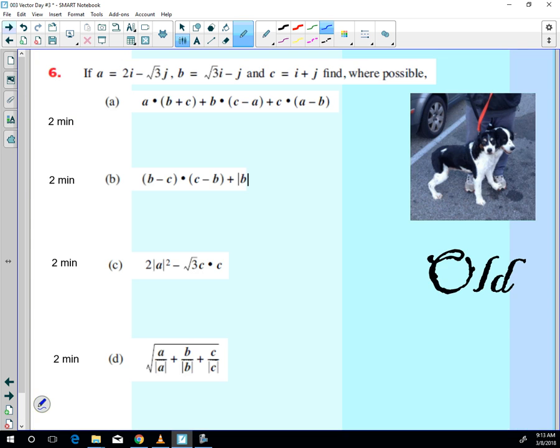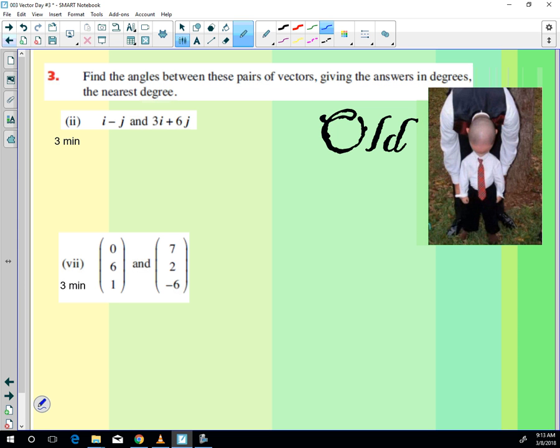All these are fine. Sure. This one? Sure. So this one, if we look at the dot product, it's going to be 0 times 7 plus 6 times 2 plus negative 6. And did they get 6 for a dot product? Oh, this is the angle. Perfect.